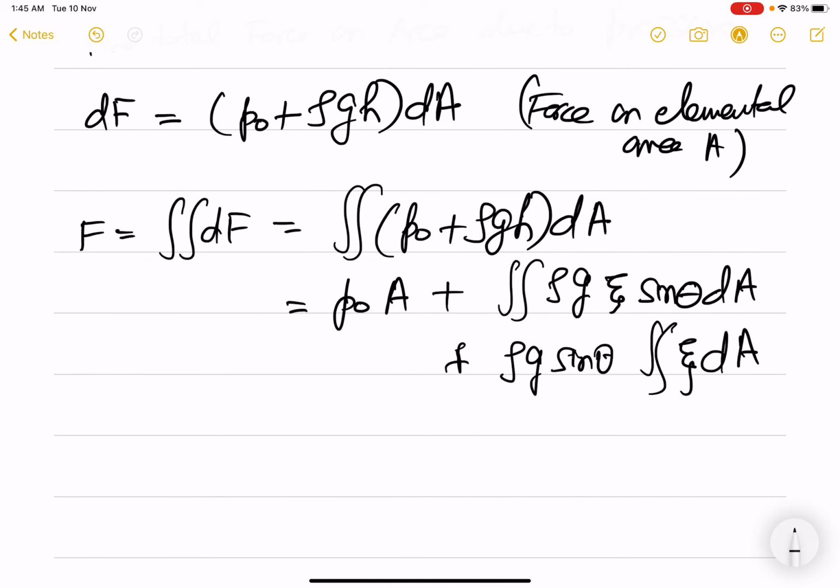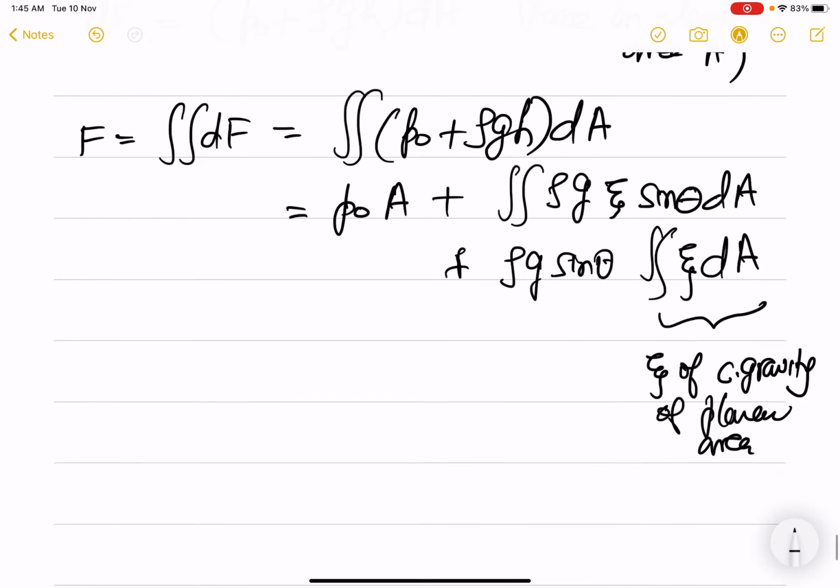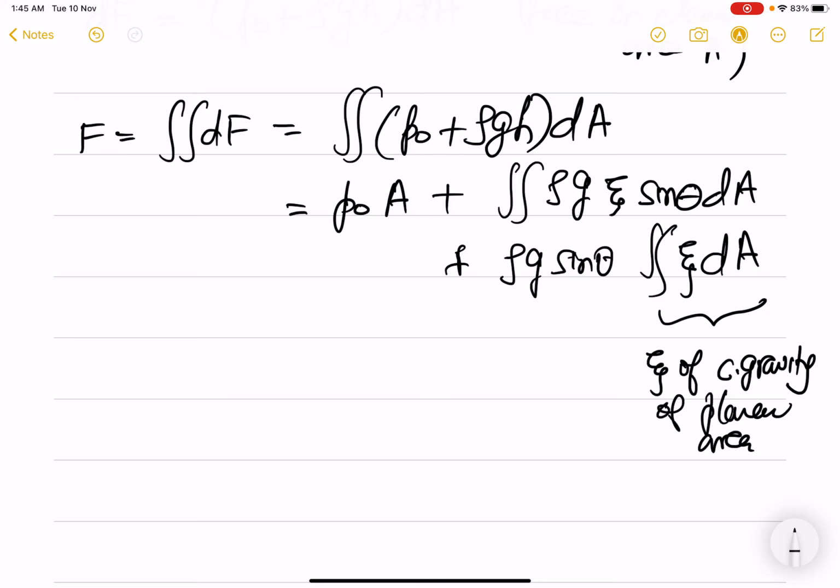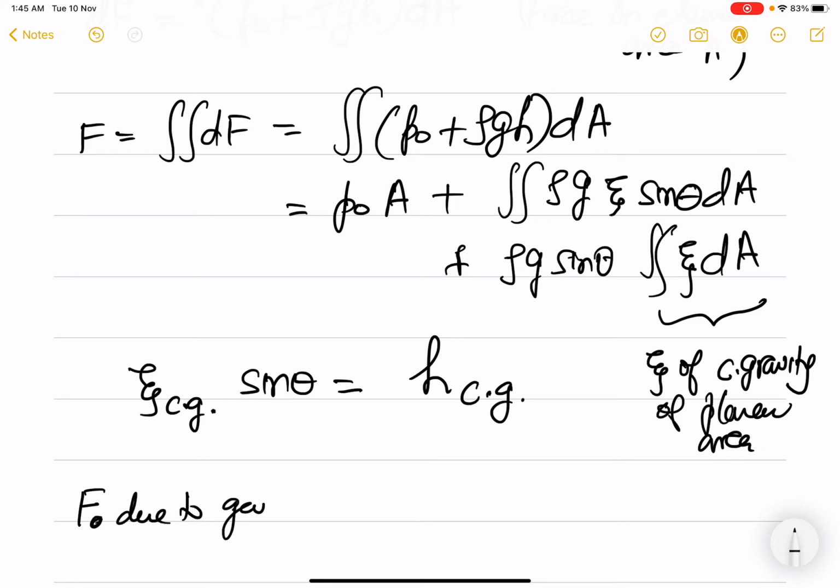And this integral of zeta dA will be nothing but the zeta coordinate of the center of gravity of this planar area, because that is how we define the center of gravity. And zeta of the center of gravity times sine theta will be nothing but the height of the center of gravity of this area.